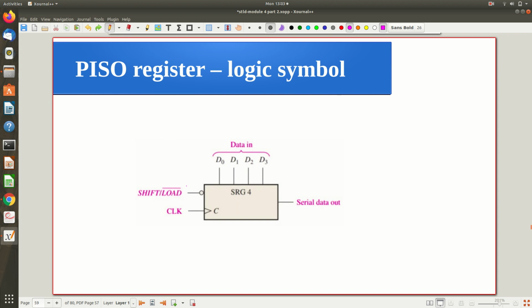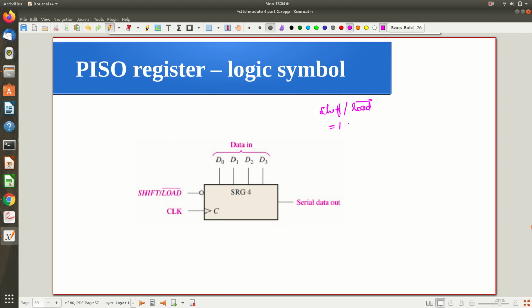Let me write it here. It's something like shift bar, load bar, like that it is written, and it is an active low input also. So what does it mean? Whenever this line is equal to 1, that single line has a 1, so its negation will be 0. That operation will happen.